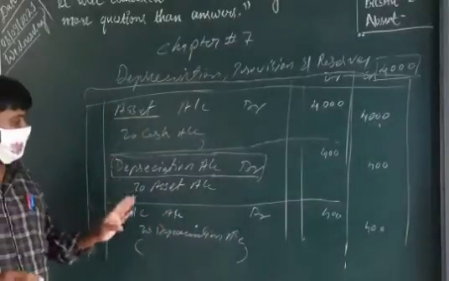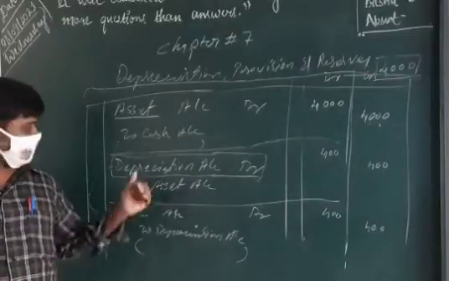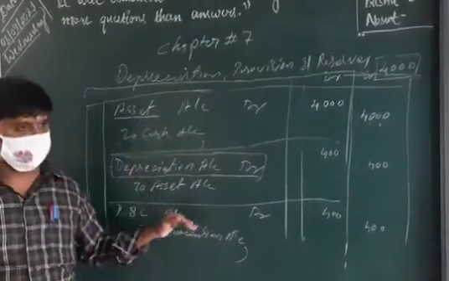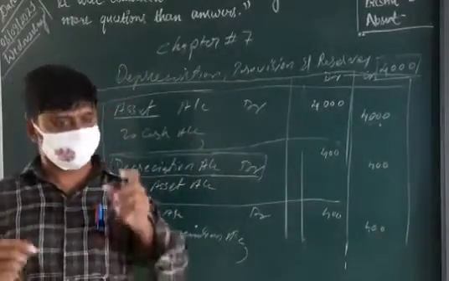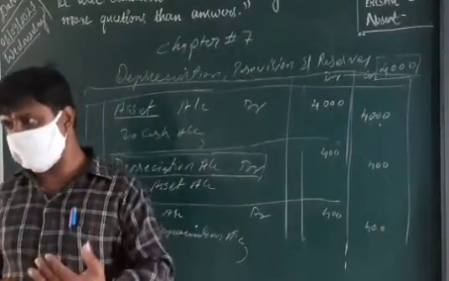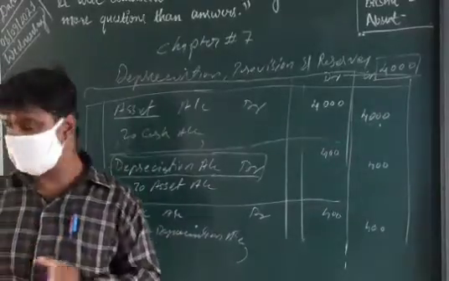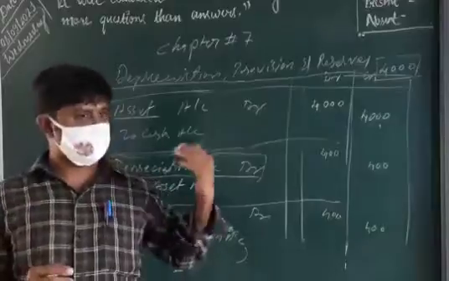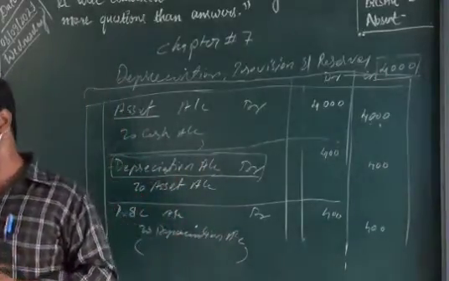So when we are passing this journal entry, what will happen now? After this journal entry, we will go for the ledger posting. After the ledger, we get the trial balance. You haven't studied the trial balance yet. Thereafter, you are going to study the profit and loss account.